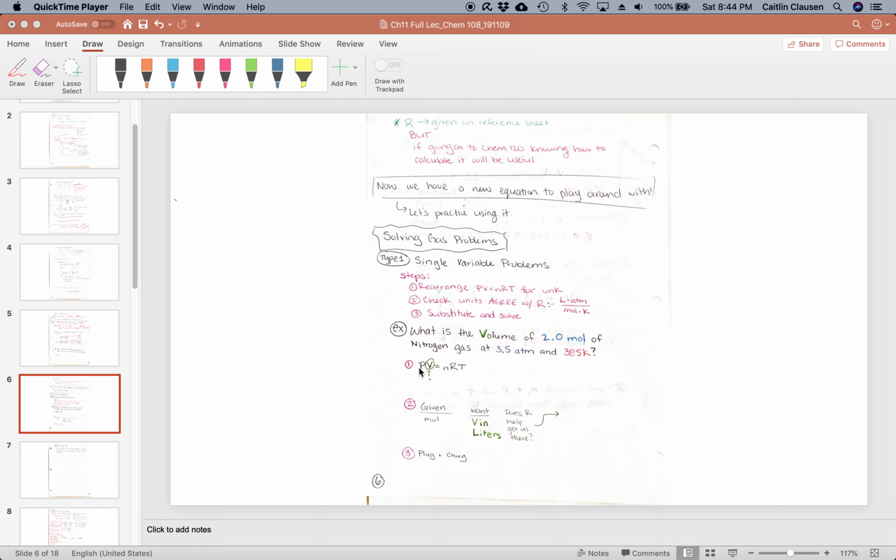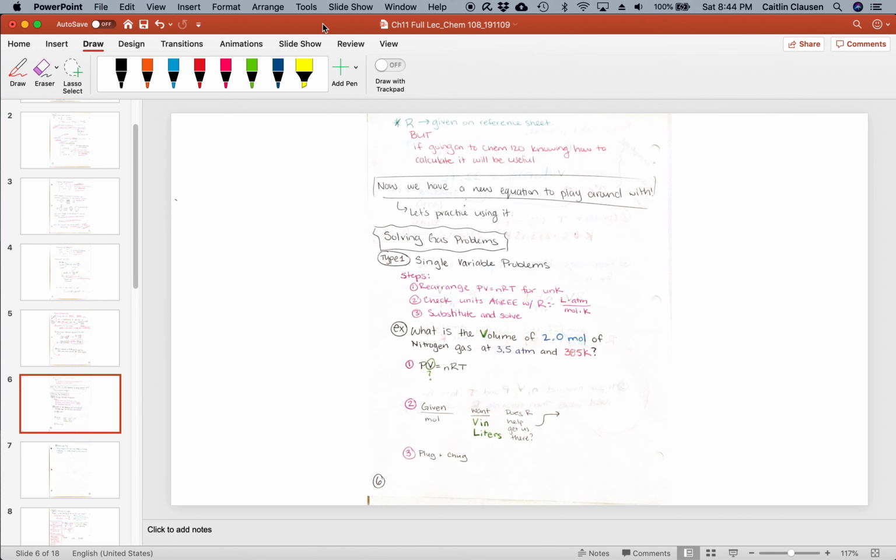We have PV equals nRT. And in order to get volume by itself, we're going to want to divide by pressure on both sides. So I'm going to use a blue.